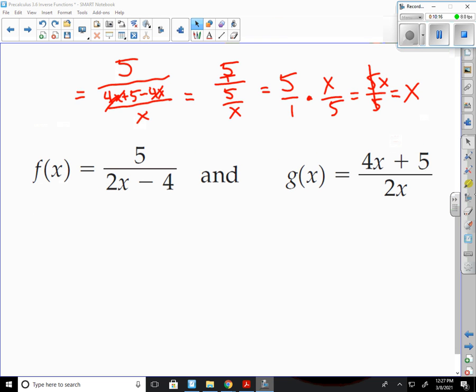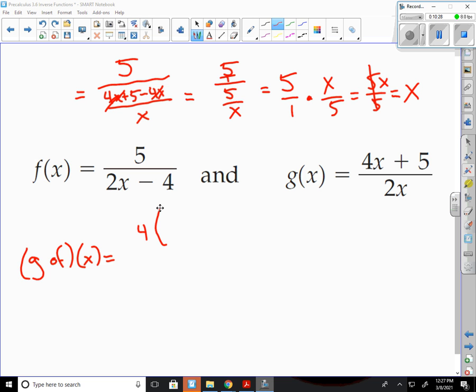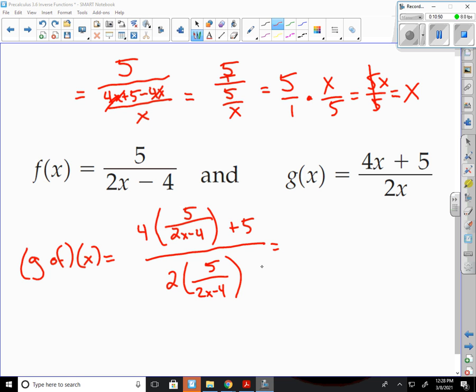Got to do g of f of x. That's 4 times 5 over 2x minus 4 plus 5 over 2 times 5 over 2x minus 4 equals.